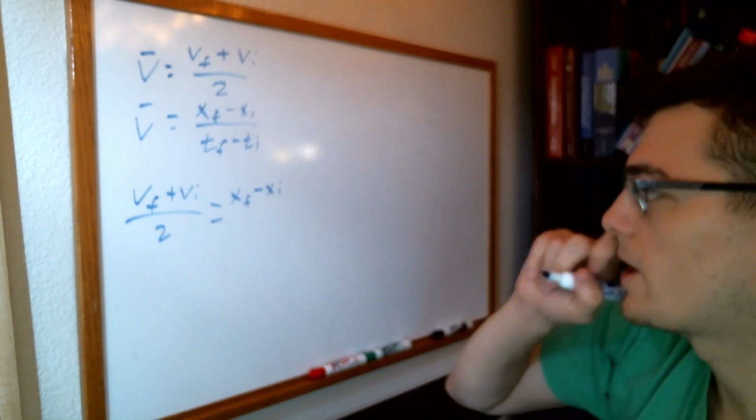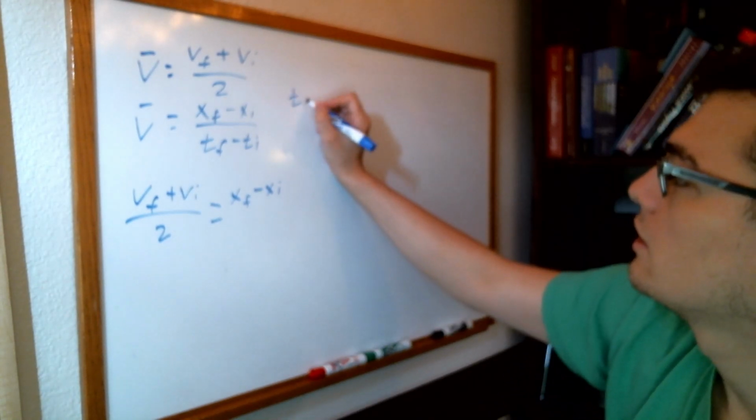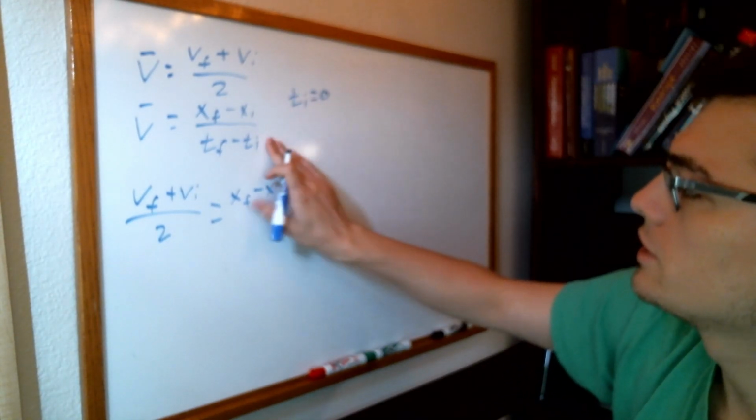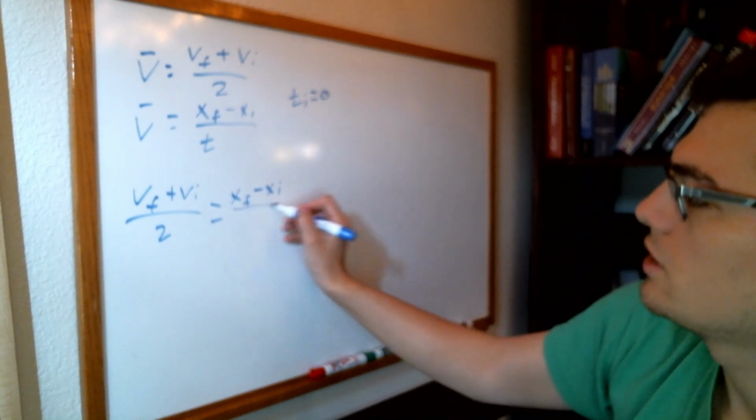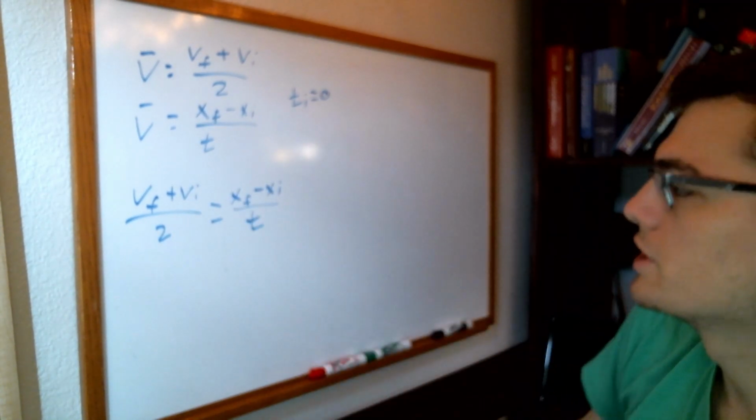And if we assume that ti is equal to 0, we can just get rid of all of this and write over t.